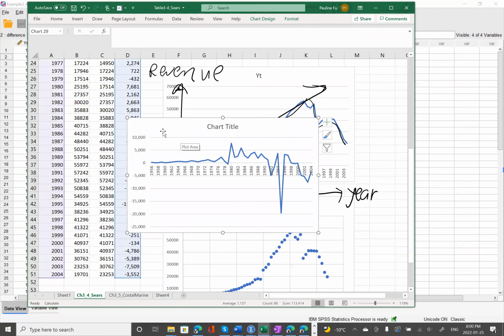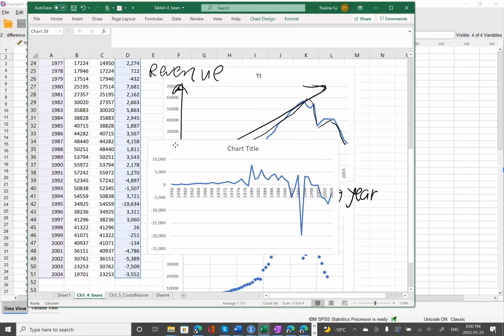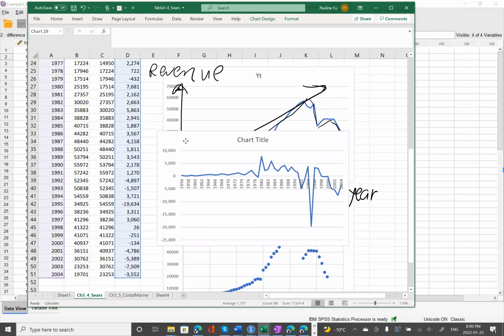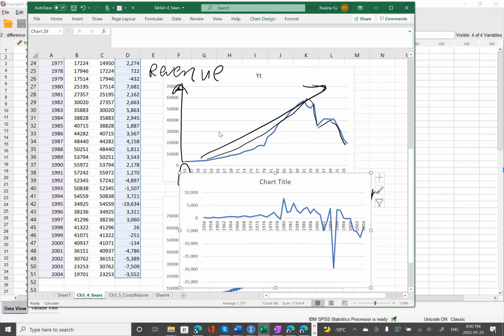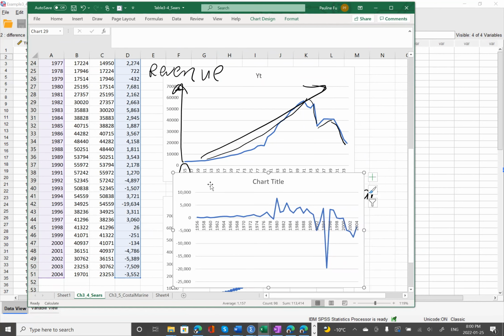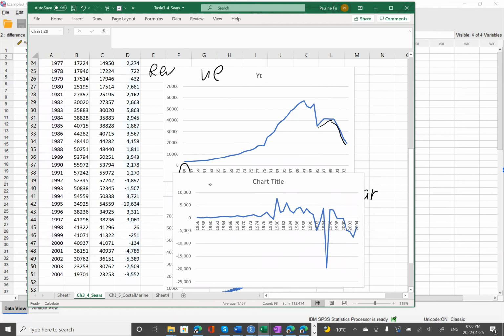You see, this time the data is more stable because it changes around the horizontal line. It is not like this data. You see the difference of these two graphs. After I do the difference, the data looks like it changes around this horizontal line. And here you have trend.